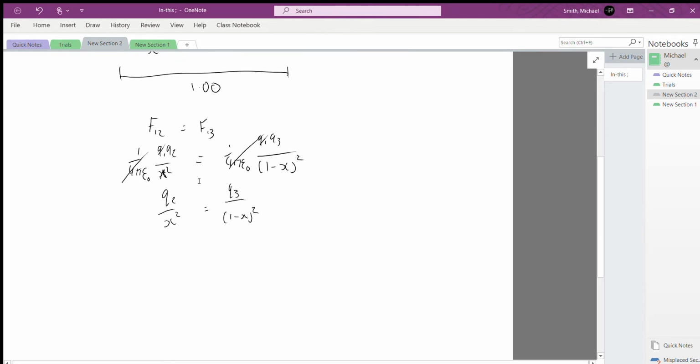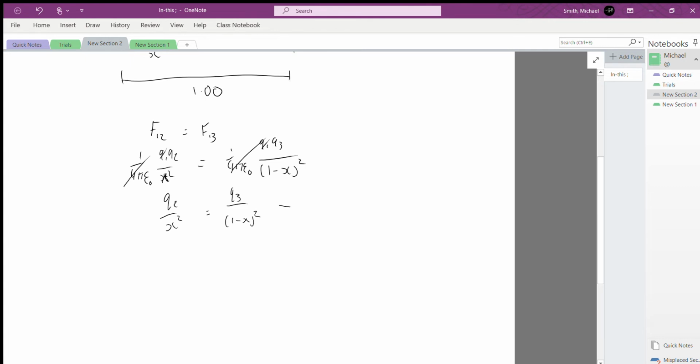Now there are 2 ways to proceed from here. If you're using your graphics calculator, that's very straightforward. So on the graphic display calculator, Q2 is 2 microcoulombs.